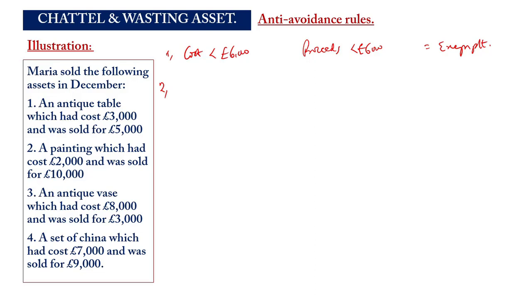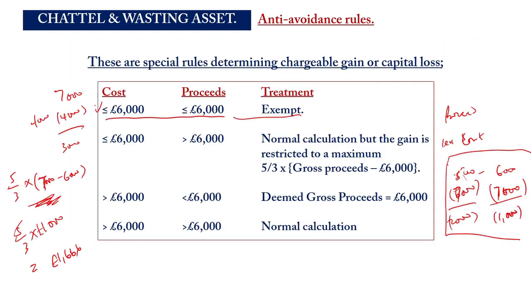Okay. All right. The second one, the painting which had a cost of 2,000 pounds was sold for 10,000. So the cost is below 6,000 pounds, but the proceeds is more than 6,000 pounds. So let's see what we have to do.